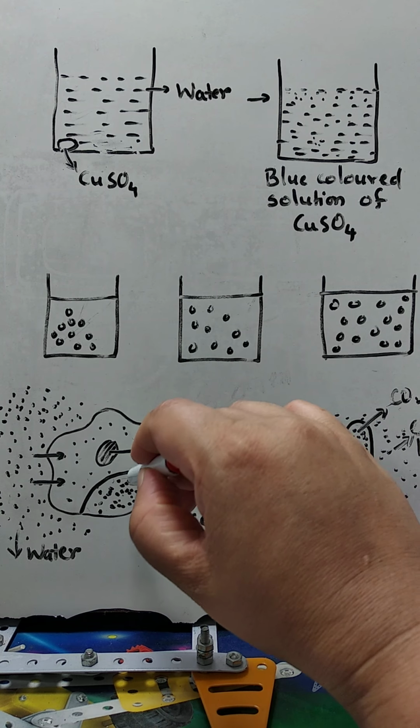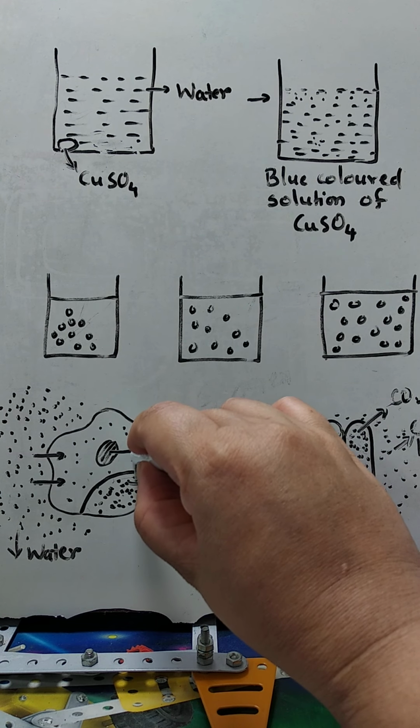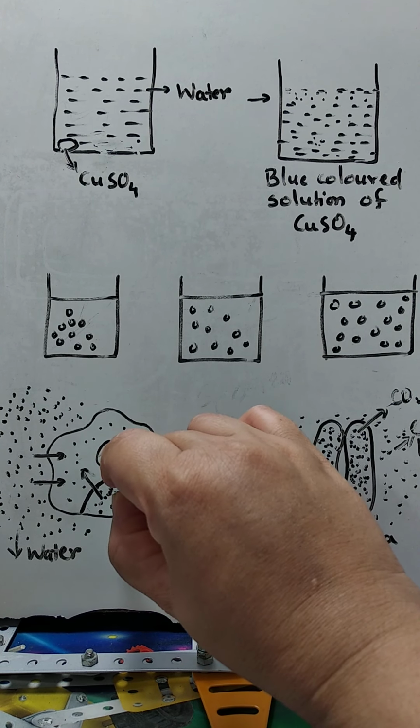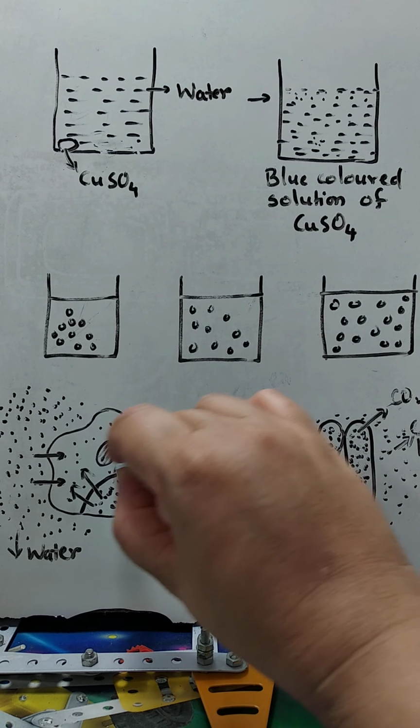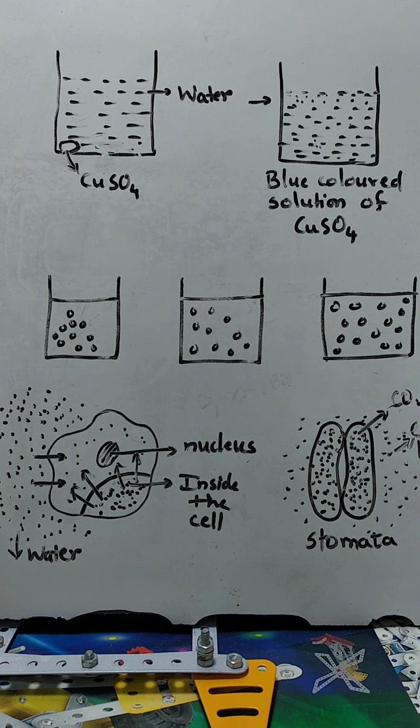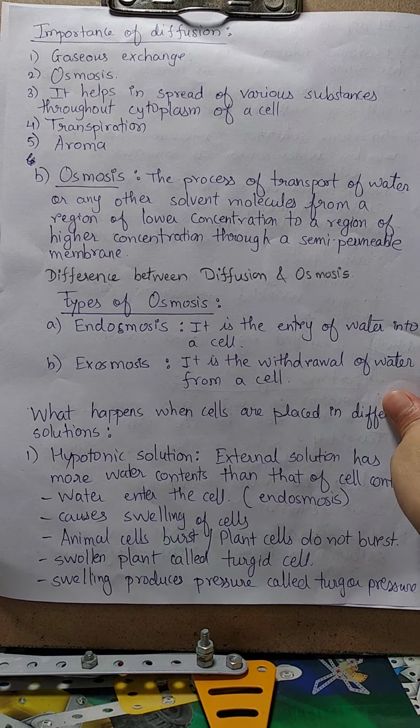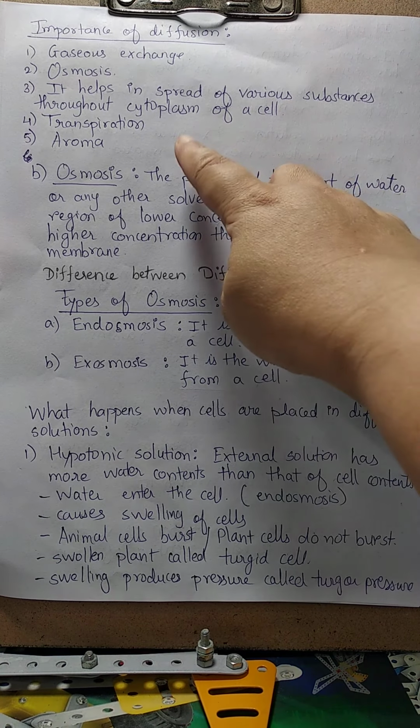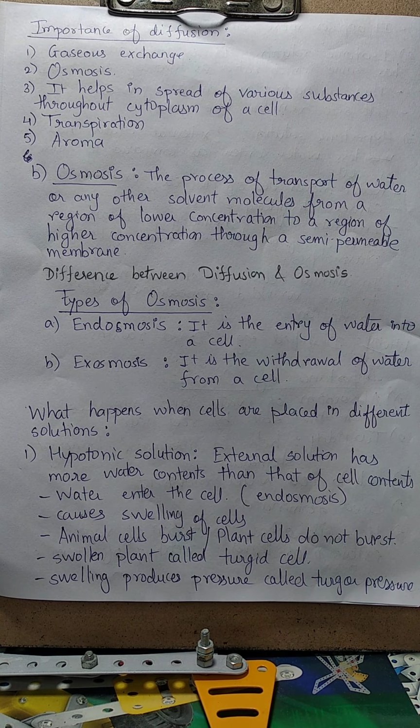So by diffusion only there will be uniform distribution of water molecules throughout the cytoplasm of the cell. So again, how does it take place? Through diffusion only. That is why we say that it helps in spread of various substances throughout the cytoplasm of a cell. Then transpiration I have also already explained.